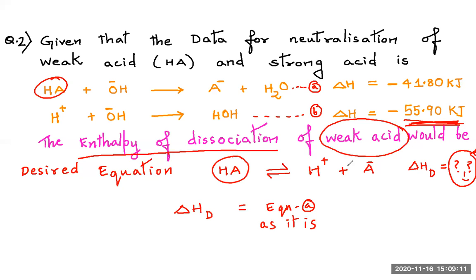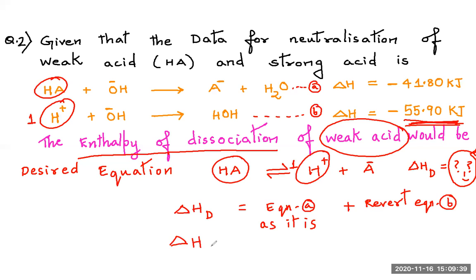Let us see what's the next thing I want. I want H plus. H plus is in equation 2. And it's given 1. I want also 1. But look carefully. It's given on the left, but I want on the right, meaning I have to revert equation B. So I write here revert equation B. And when I revert it, let us see what happens.